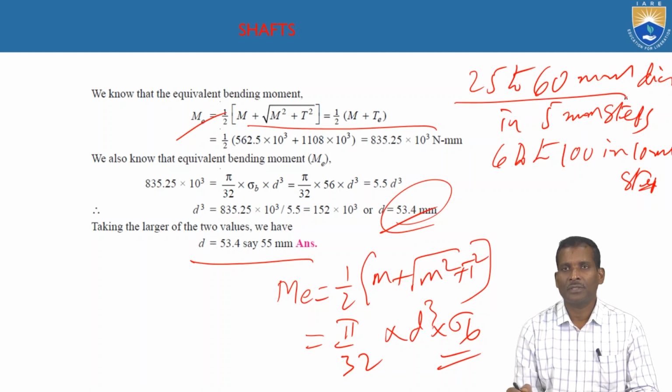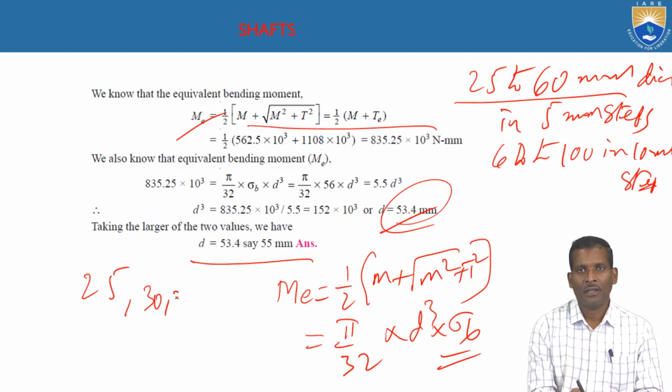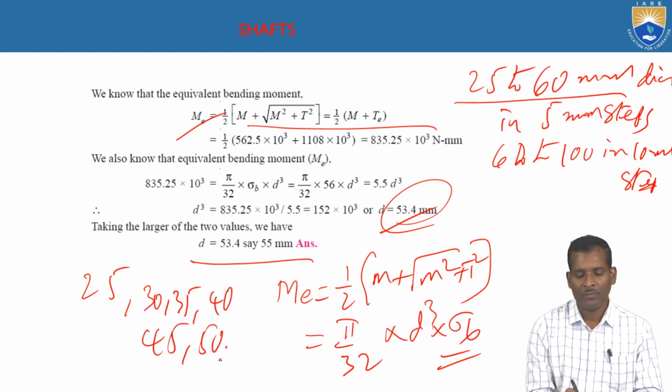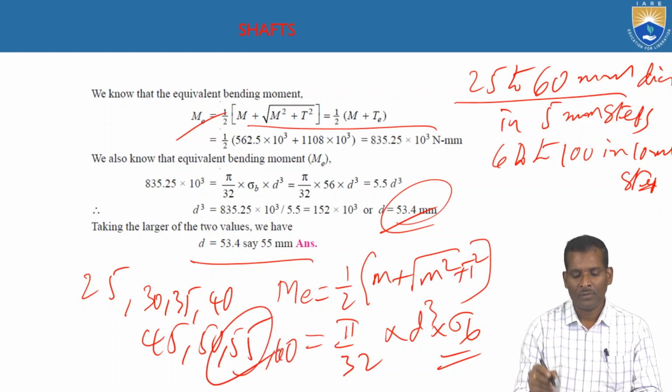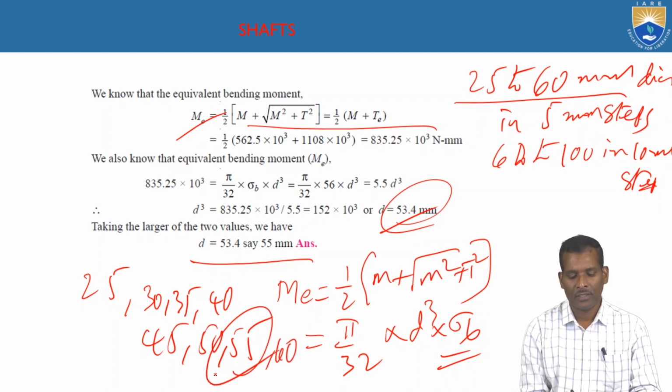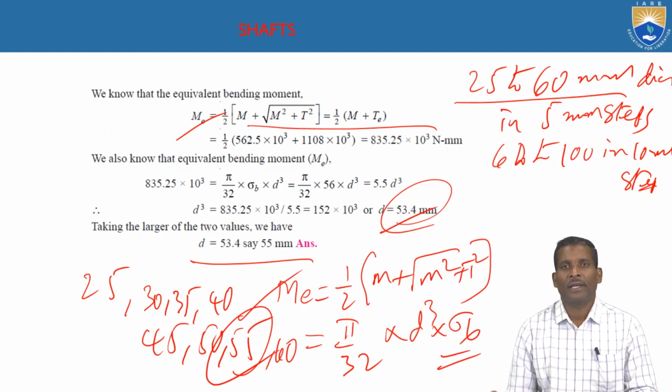So 25 first size, and 30 and 35, 40, 45, 50, 55 and 60. So here our value is in between these two, 50 to 55. So 53.4. So you can say 55 is our final diameter of the shaft.